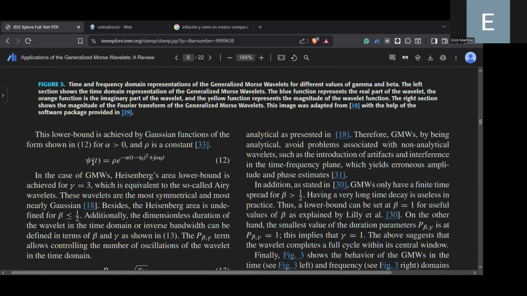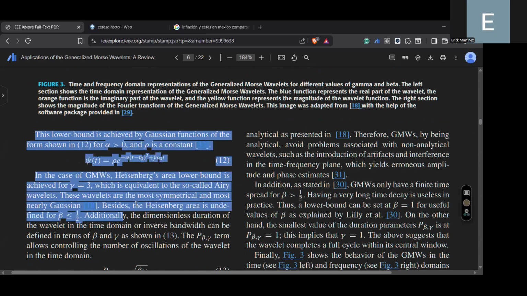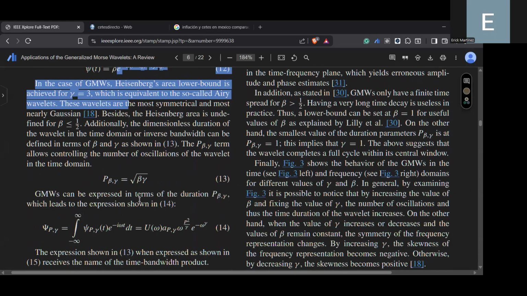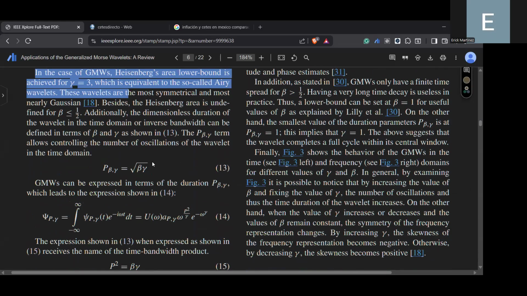This is basically a statement. If you read this part of the paper, I don't want to depend too much on the theoretical aspect, but we are basically explaining here which type of functions allow us to approximate the lower bounds of the Heisenberg area. And this is another way in which we can parametrize the generalized Morse wavelets.